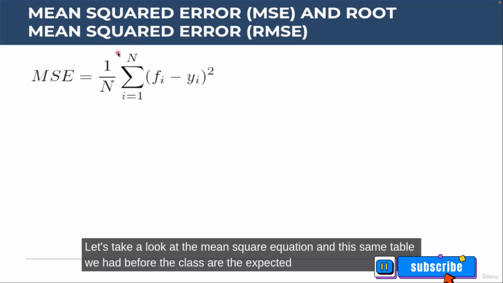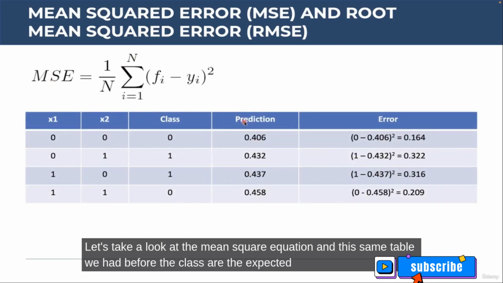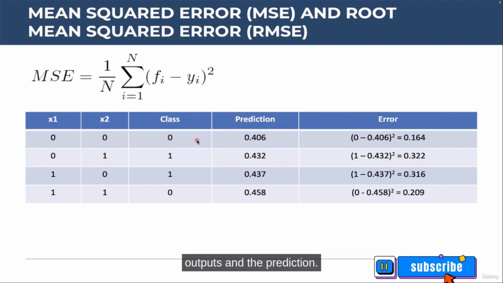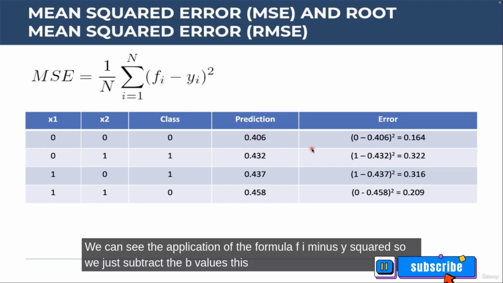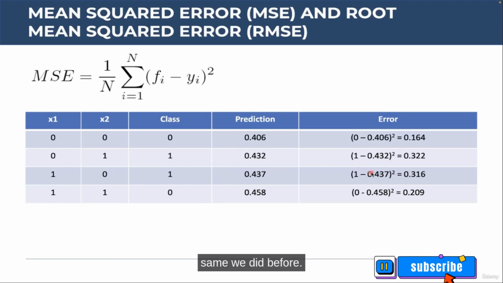Let's take a look at the mean square error equation and the same table we had before, the class or the expected outputs and the prediction. We can see the application of the formula (fi minus yi) squared. So we just subtract the values the same we did before, but the difference, the subtraction, is squared.